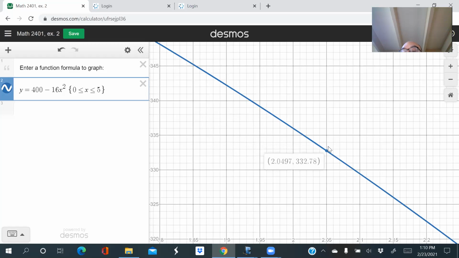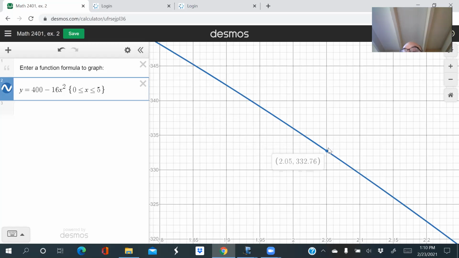So let me go to 2.0, see if I can get 2.0. Oh, there it is. So there's 2.05, and the y value there is 332.76. Did y'all write that down?